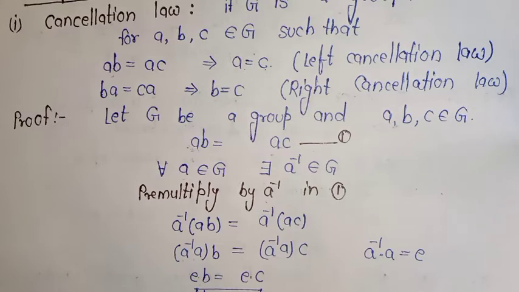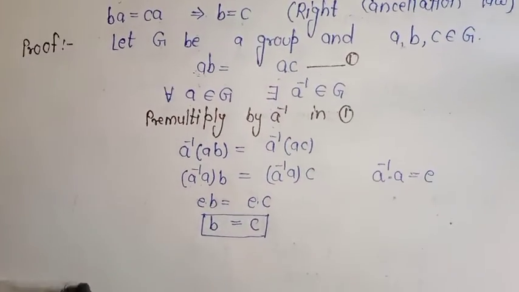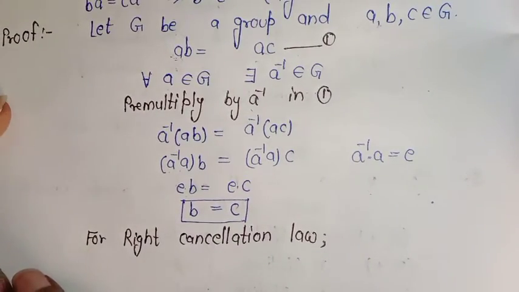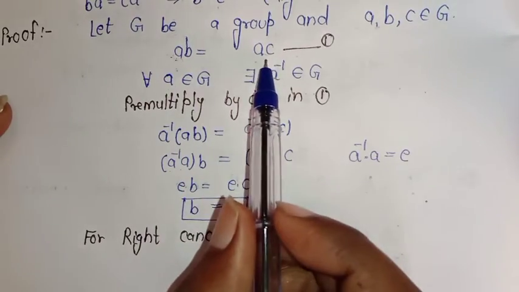In the same way, we can also prove the right cancellation law. So I am going to do the next property. In order to prove the right cancellation law, here we had assumed ab is equal to ac.